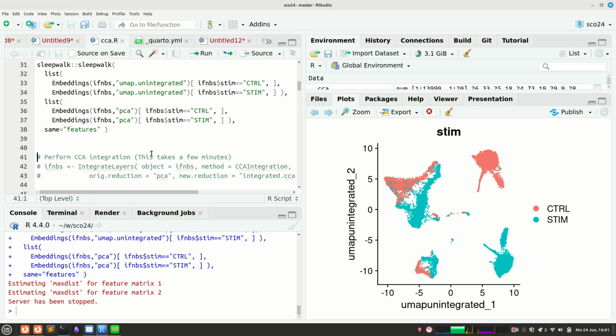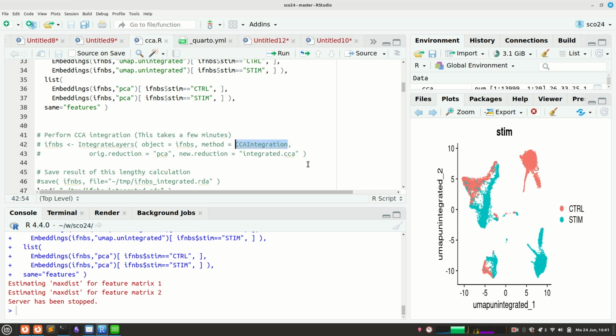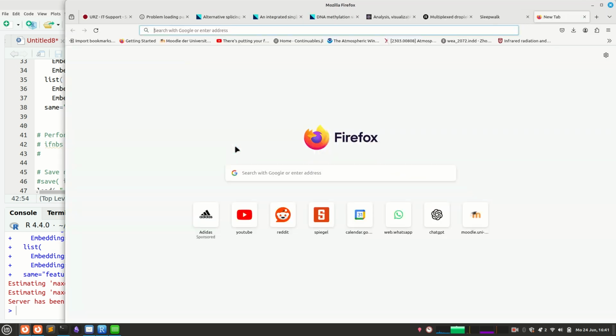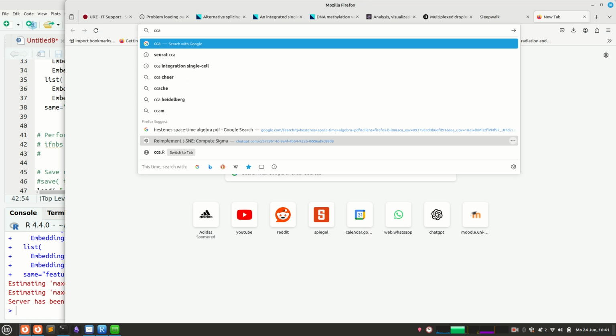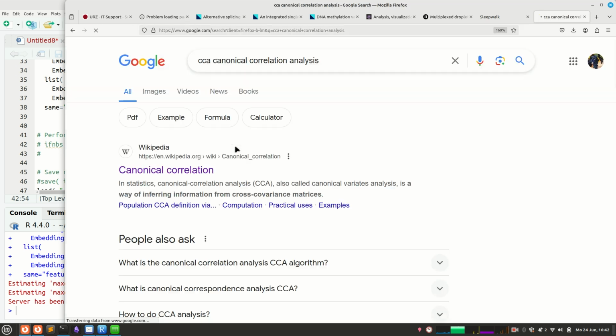And to do this, what I now do is I run this integrate layers function, which does an integration method which we call integration by canonical correlation analysis.